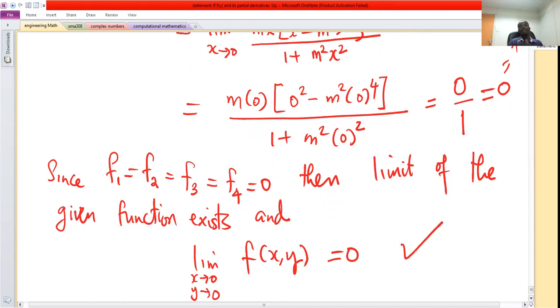So the second property of the test for continuity is satisfied.